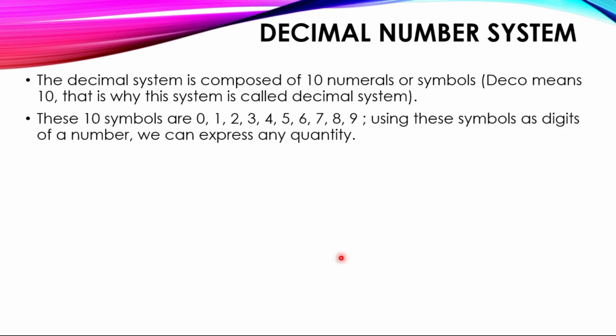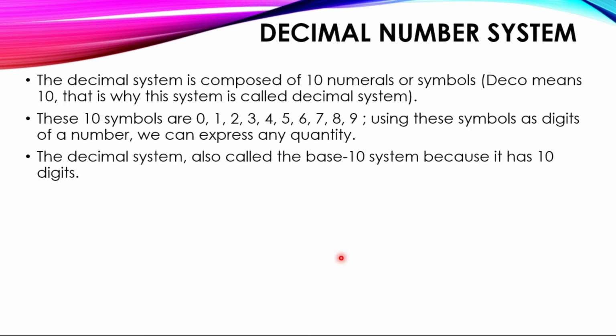These 10 symbols or numbers are 0 to 9, that is 0, 1, 2, 3, 4. Combination of all these 10 digits will be called a decimal number. Using these symbols as digits of a number, we can express any quantity. The decimal system is also called base 10 system because it has 10 digits. Now it consists of 10 digits, so it is also termed as base 10.